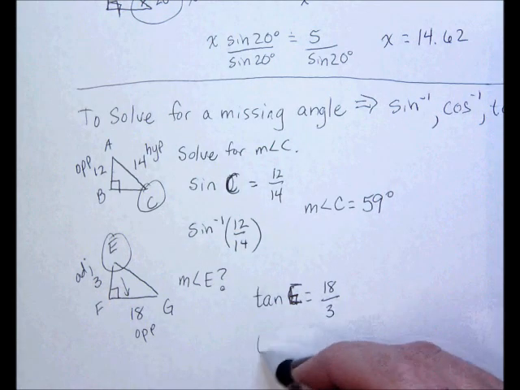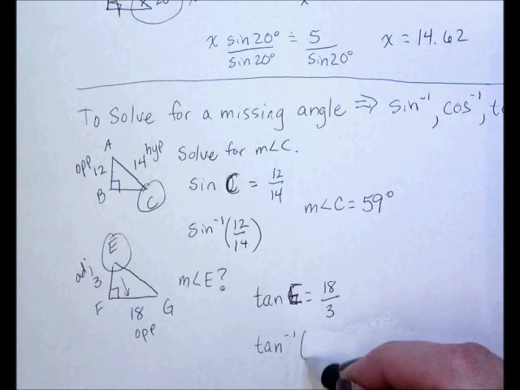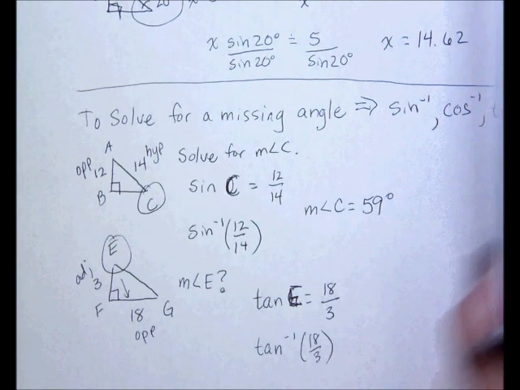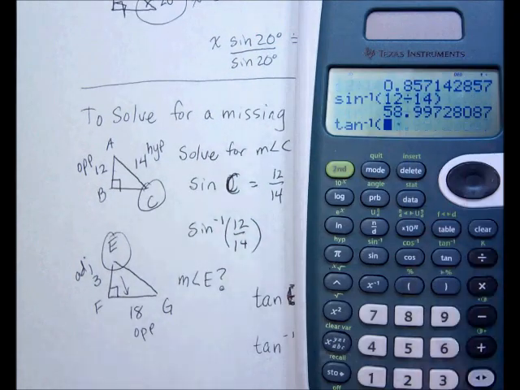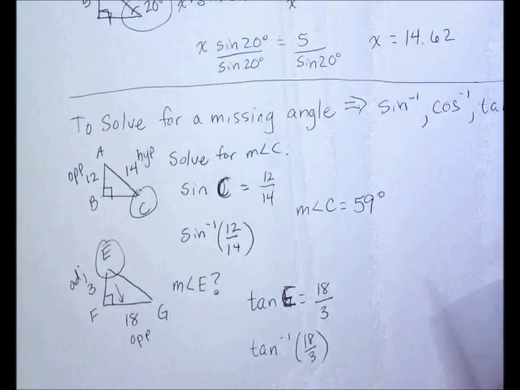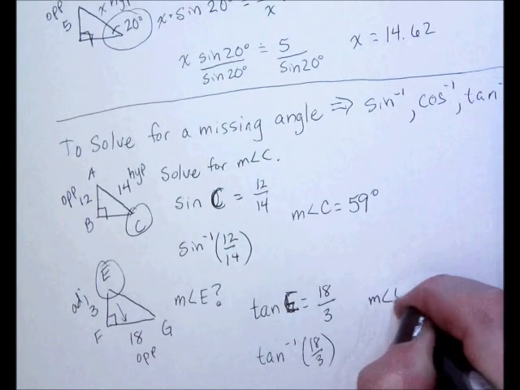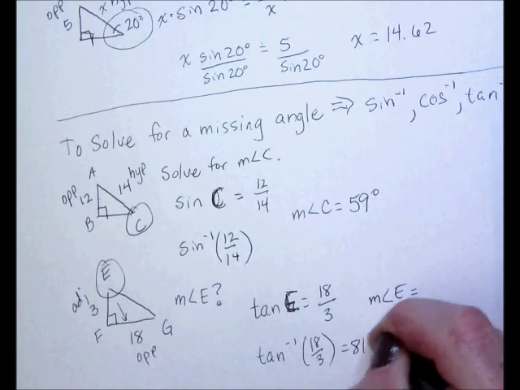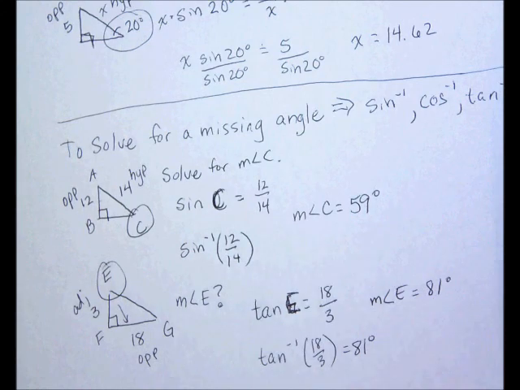So I need to do the inverse because I'm looking for an angle measure. So I take my handy dandy calculator, inverse tan, 18 divided by 3, and that's equal to 81 degrees. So the measure of angle E is equal to 81 degrees.